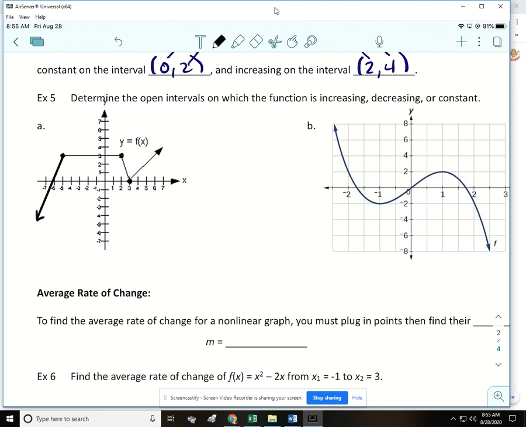All right, so add that little line, and then we're going to find where the function's increasing, decreasing, or constant.